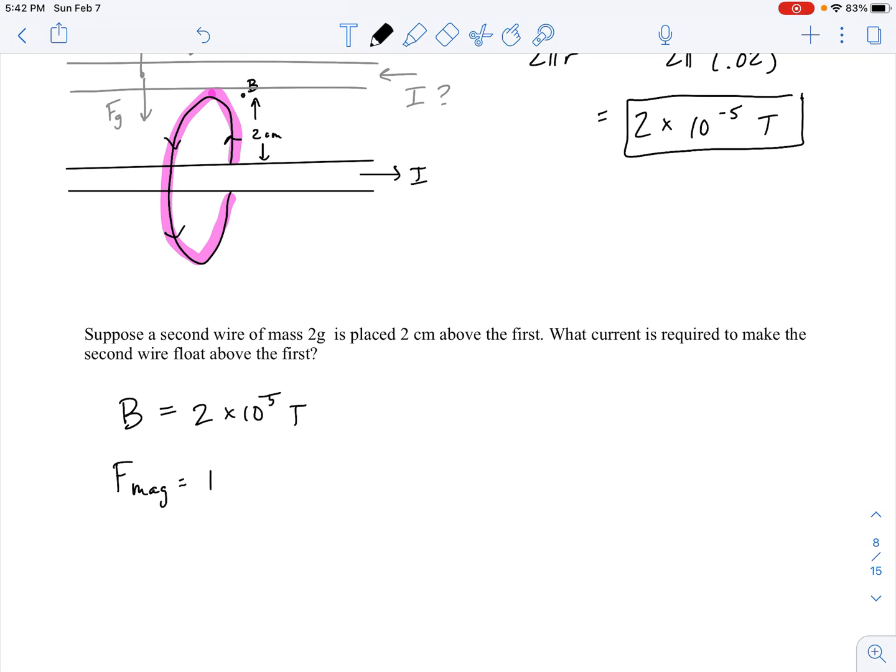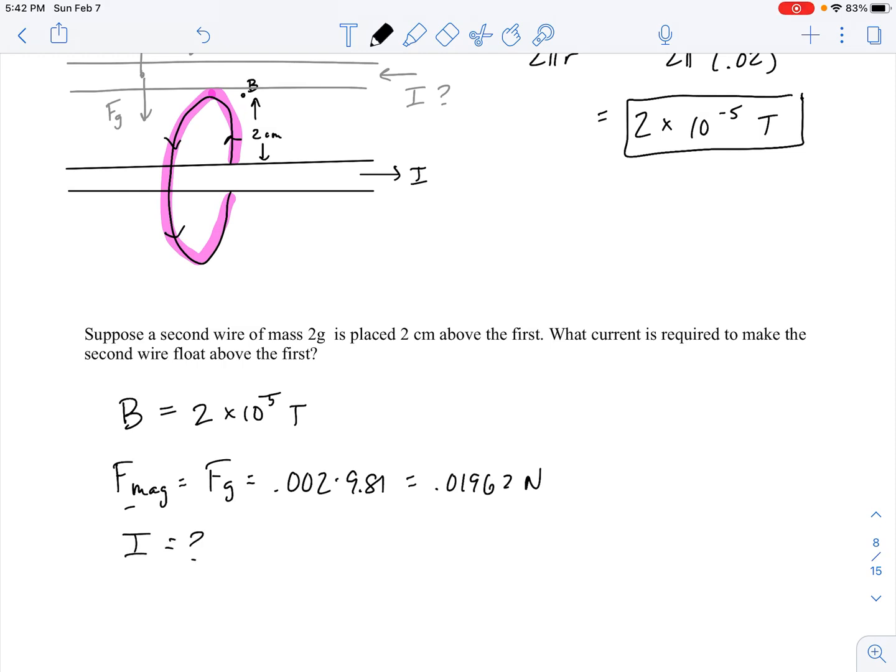So the magnetic force is going to equal the force of gravity on the wire, which is going to be 0.002 times 9.81. And what does that give us? 0.01962 newtons. That's the magnetic force that we need.